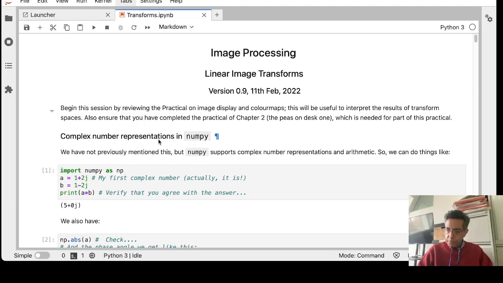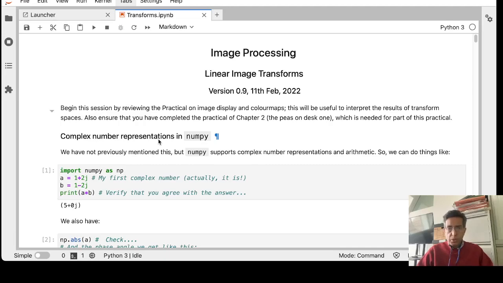Linear image transforms refers to the mapping of an entire image into an alternative representation. The linear neighborhood operators are simply operators that work locally on an image. So if I talk about linear image transforms, I'm talking about mapping the entire image into the transform domain.